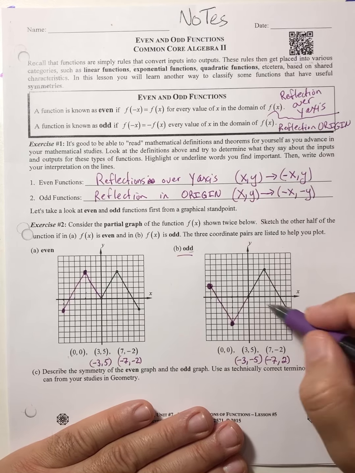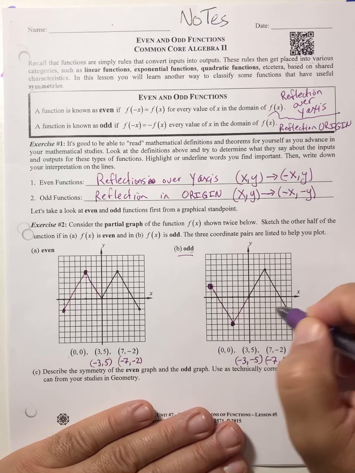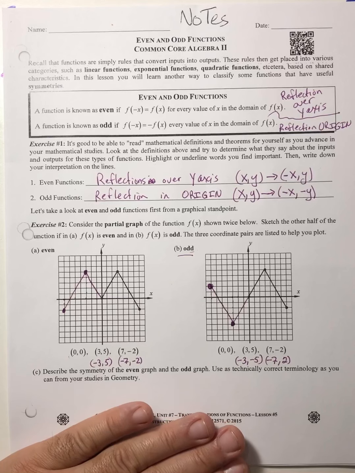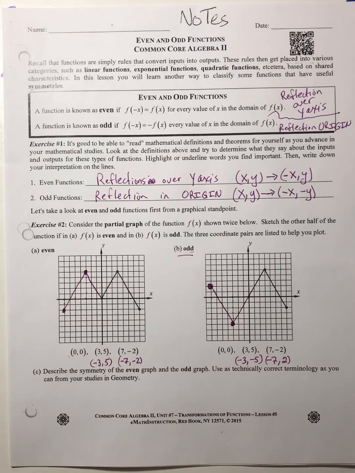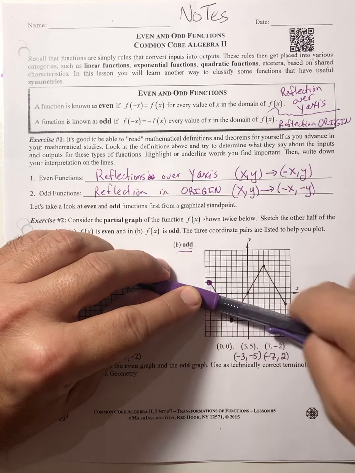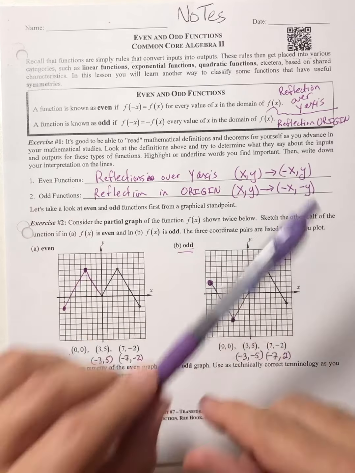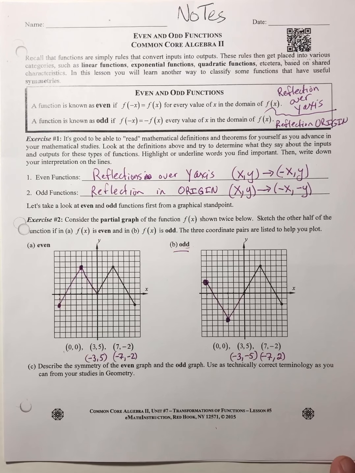It's a reflection in the origin. If you take a straight edge, all of these points would line up. I'm looking for something to use as a straight edge. Oh, my pen. See? They all line up and go through the origin. That's how you know you have a reflection in the origin.